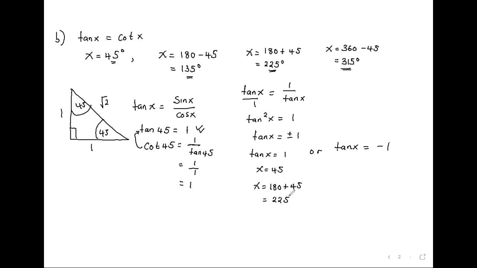In the second quadrant, it's 180 minus 45, which is 135. In the fourth quadrant, 360 minus 45, which is 315. So even this way, you can get there.